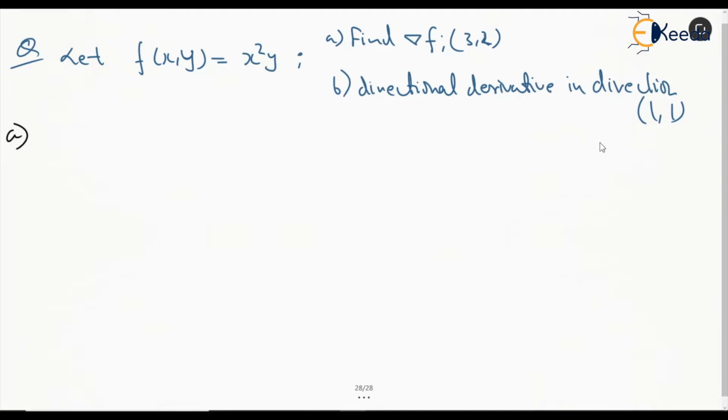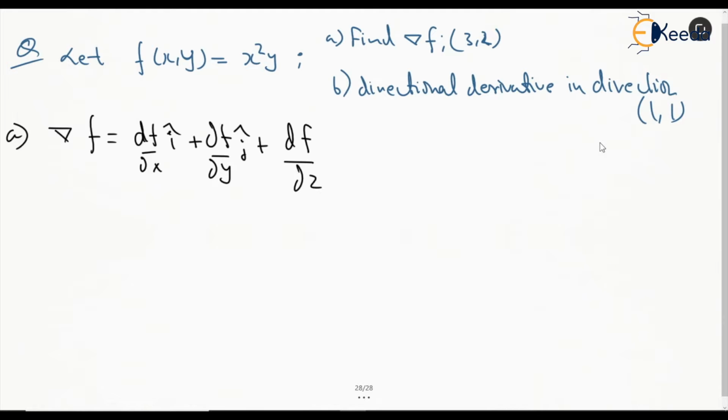In the general formula we have the terms df by dx, df by dy and df by dz. But now that this function has only two variables x and y, we won't have any derivative with respect to z. So gradient f will be df by dx i component, df by dy j component, and though not required in this case, the general formula is like this.